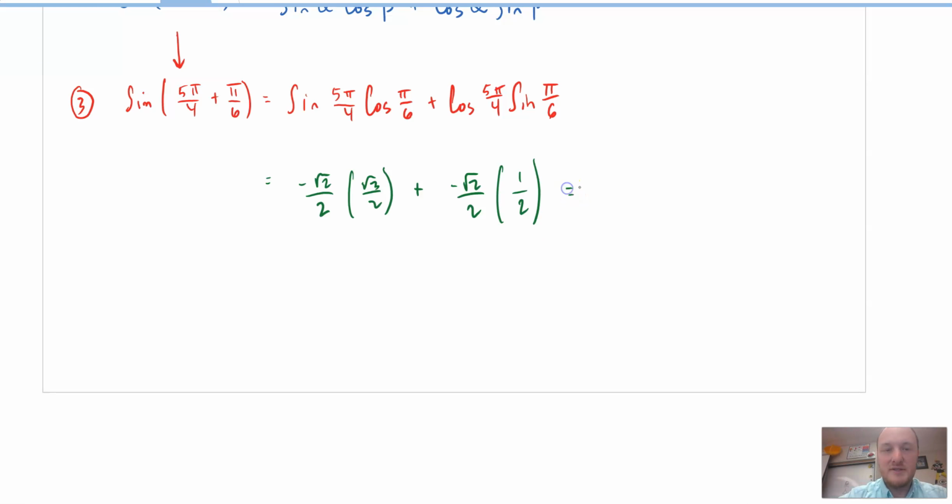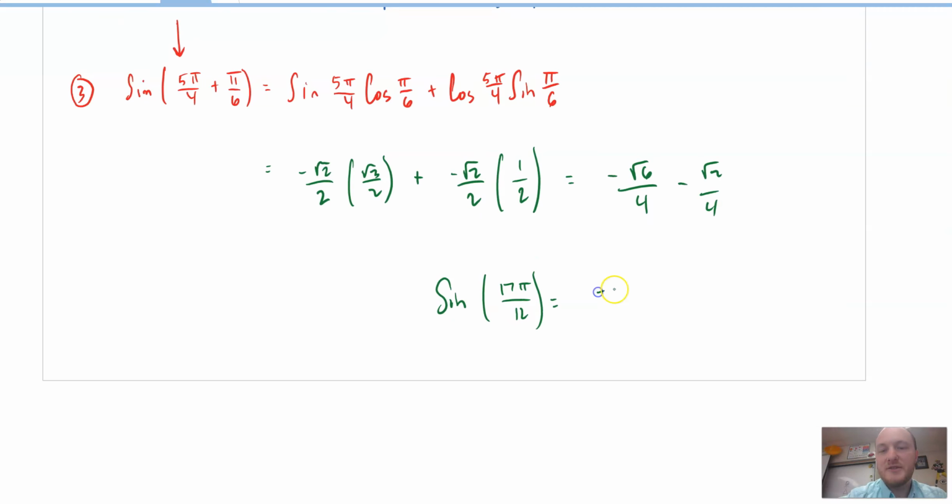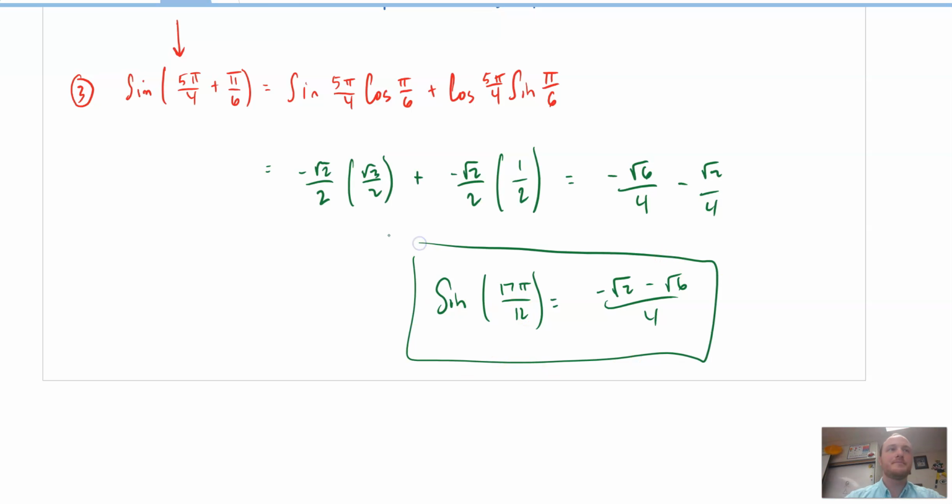So this gives us negative root 6 over 4 minus root 2 over 4. Okay, and that would mean that, not cosine, sine of 17 pi over 12 is equal to, after I simplify, negative root 2 minus root 6 all over 4. And there's our answer.